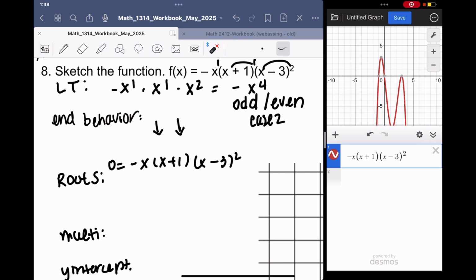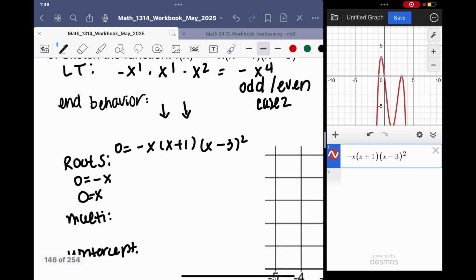So remember, each of the factors is going to be equal to 0. The first one is 0 equals negative x, which means that x equals 0. That's my first root, or my x-intercept. We can also think of these as ordered pairs, 0, 0. The next one is 0 equals x plus 1, which means x equals negative 1, or the ordered pair negative 1, 0.